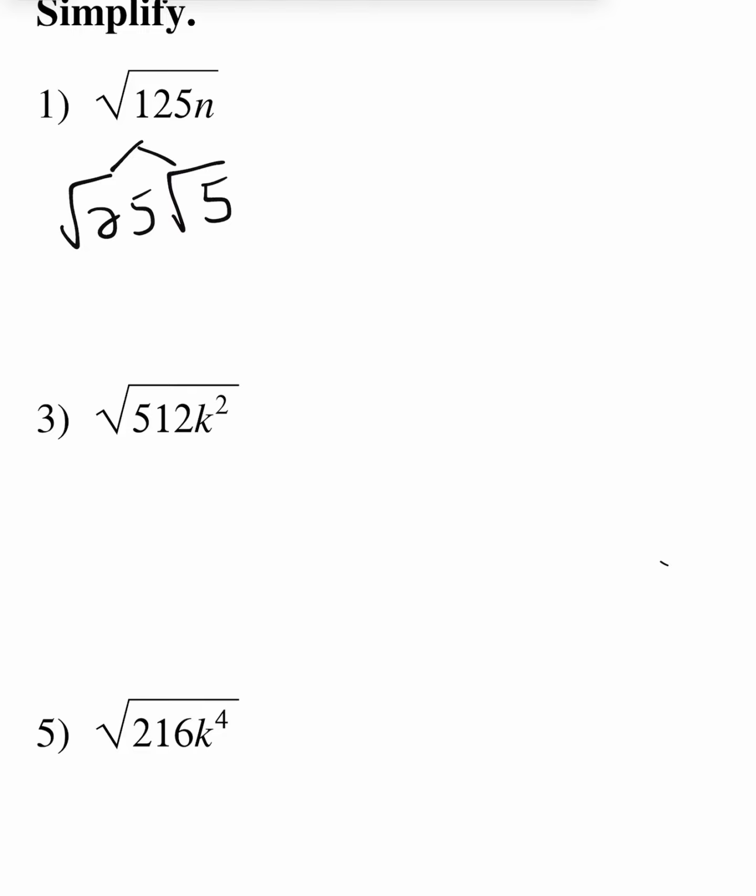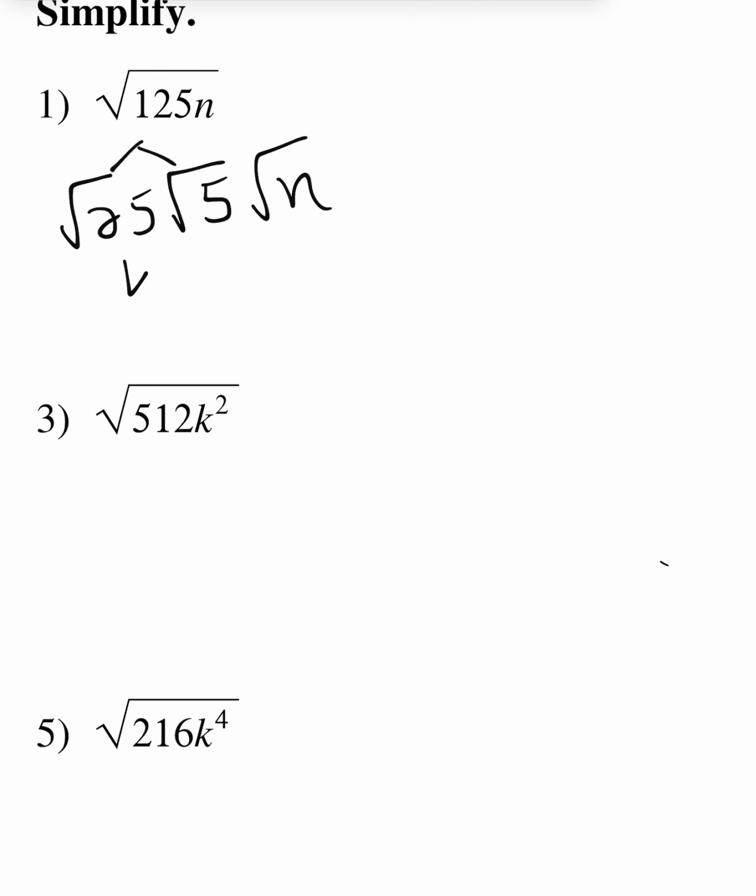And for now, we'll just put this square root of n to the side. So we have the square root of 25 multiplied by the square root of 5 multiplied by the square root of n. And once you do this, you need to ask yourself, why did we do this? Why did we separate this out? And specifically, why did we choose to separate it in this way with these numbers?